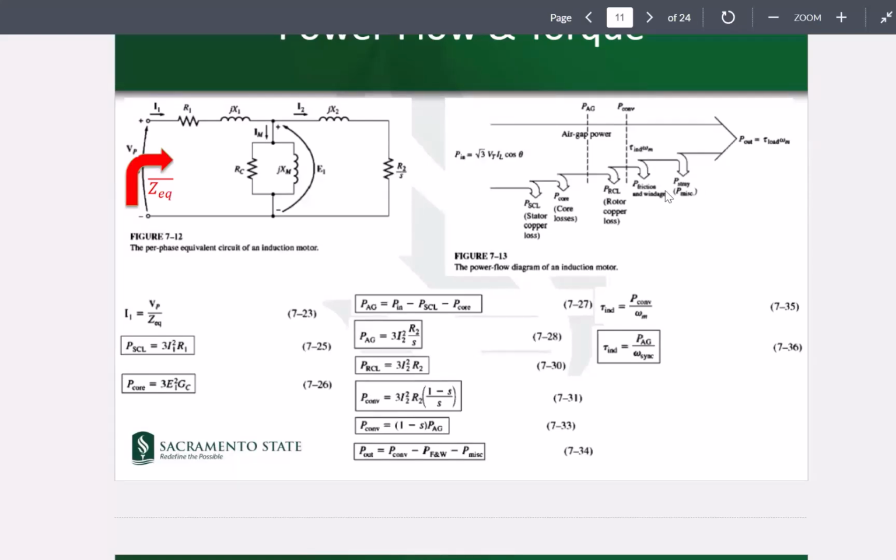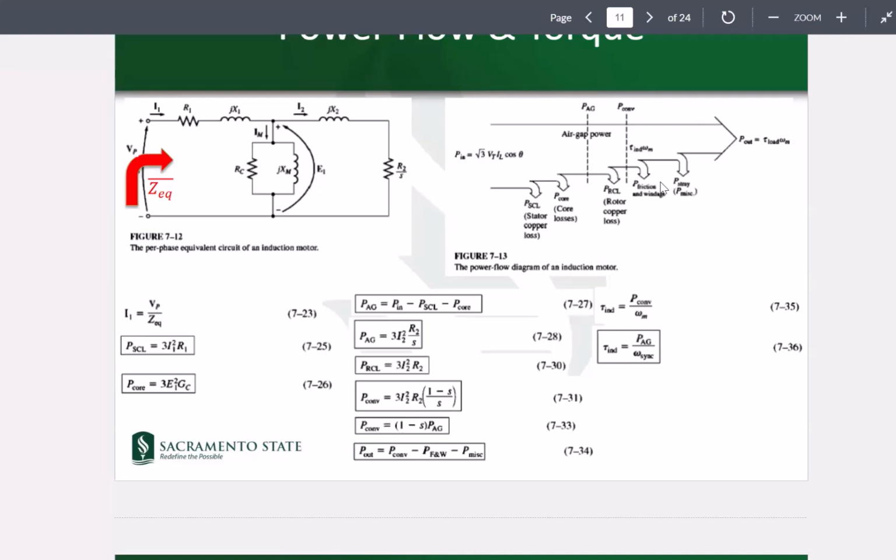You have the friction and stray losses, all of these miscellaneous losses, plus the friction losses associated with the friction of the mechanical parts together and mechanical parts and the air. All of those subtracted would be giving you the output power now, which is tau load, the applied torque to the load, times omega m. So the difference between tau induced omega m and tau load omega m is because of the friction losses plus the stray losses.